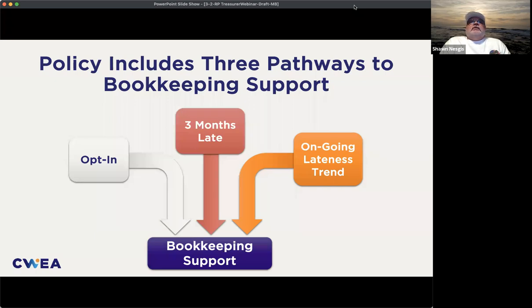If you're not part of the CWA support currently, and it's not getting done quickly enough and on time, if you're 3 months late, then it's looked at, and possibly moved into the bookkeeping support in-house, or if there is continued or ongoing lateness. So again, 3 months late, it'll be discussed, why, but if there's a trend that's set, it will be looked at and discussed and then brought into the bookkeeping support by CWA if it needs to be. But there's always that opt-in option that you have.